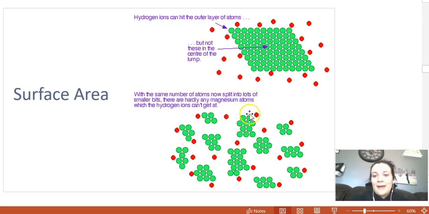There's a lot more magnesium atoms that are available for those collisions to occur. From the TED Ed video, this was the example of students traveling in packs. So if you're traveling in packs, only the students on the very outside of the pack are available for collisions. When you split up, every single person is available for a collision.